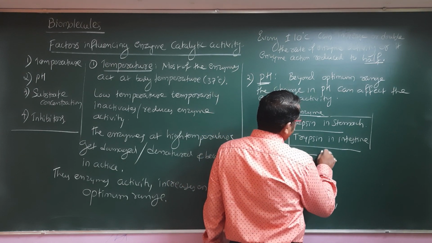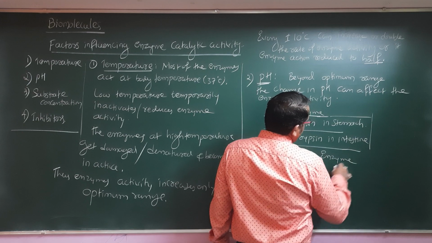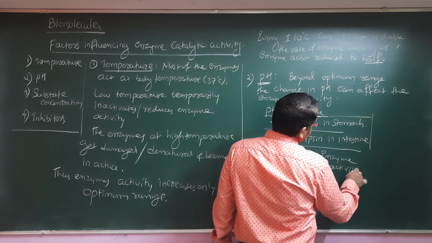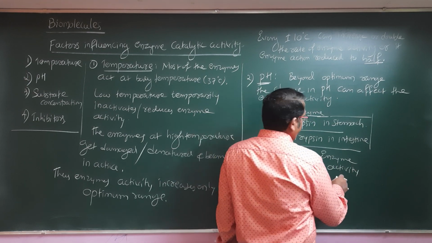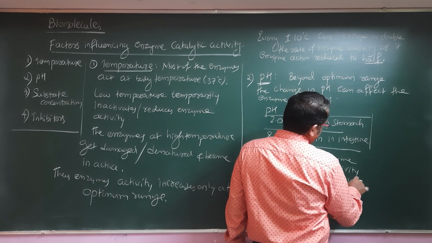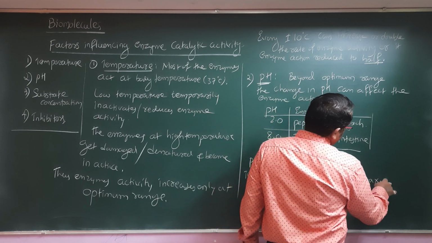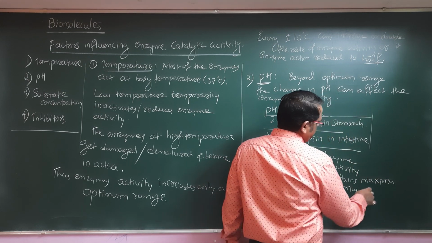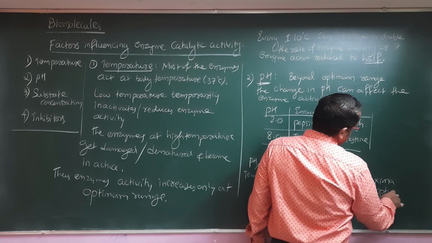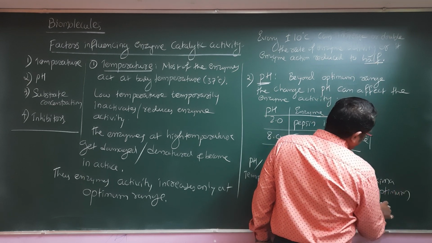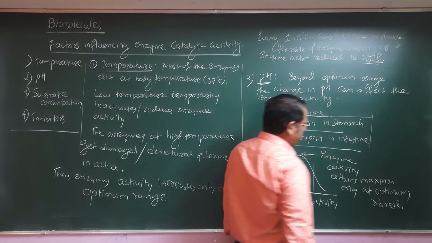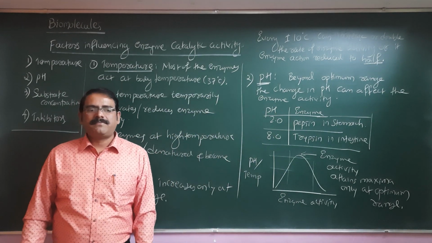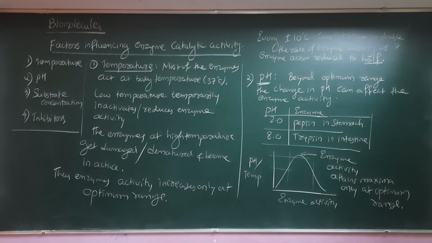This peak enzyme activity attains maxima only at the optimum range; beyond the optimum range, enzyme catalytic activity will fall down or be reduced because of change or fluctuation.